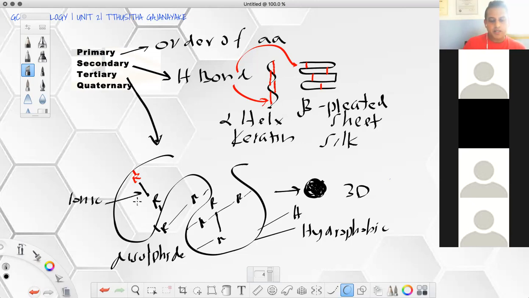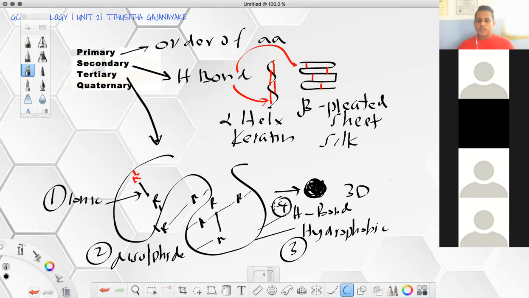Here: ionic bonds, disulfide bonds, hydrophobic bonds, and hydrogen bonds. So we can find four types of bonds between R groups, and it creates a 3D structure like this. Most proteins exist in these 3D shapes.